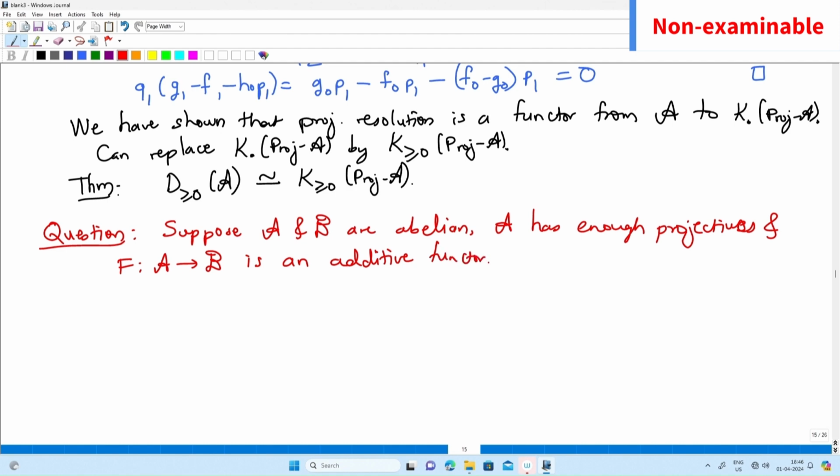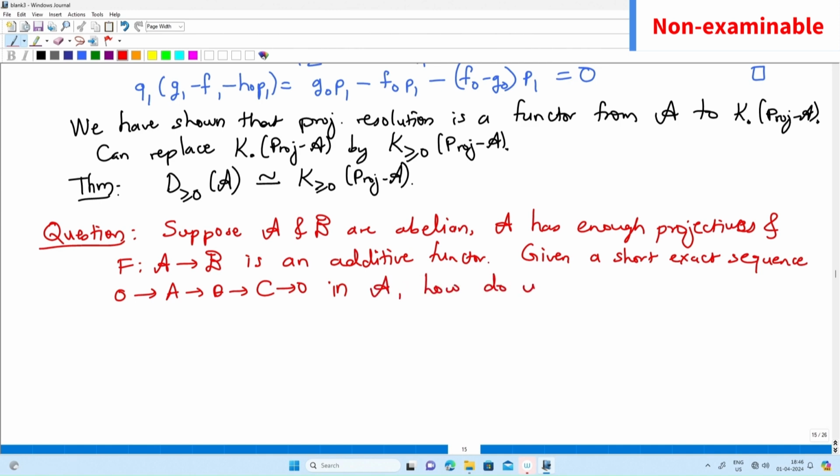Then, given a short exact sequence 0 to A to B to C in A, how do we extend FA, FB, FC to a long exact sequence?